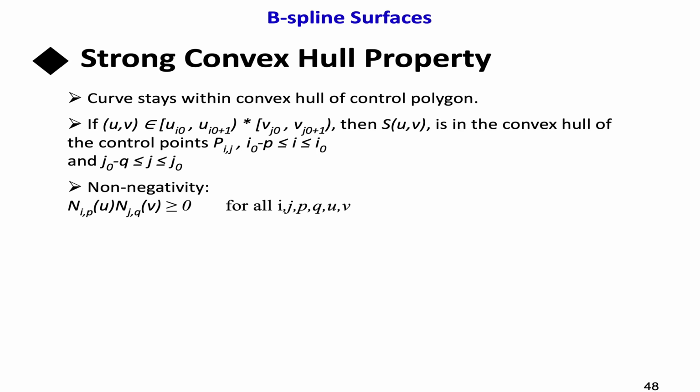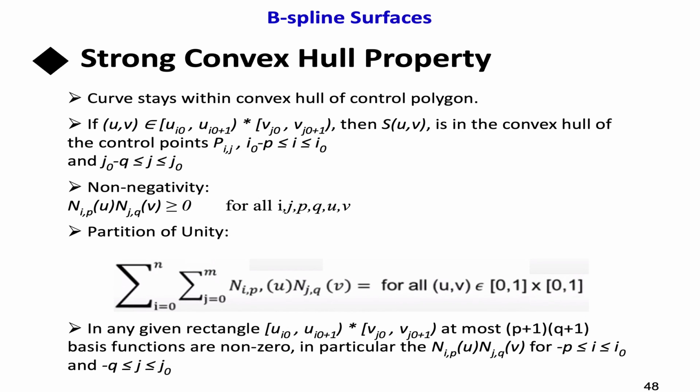It also follows non-negativity and partition of unity, and in any given rectangle at most (p+1) times (q+1) basis functions are non-zero, especially the products for this range of i and j.